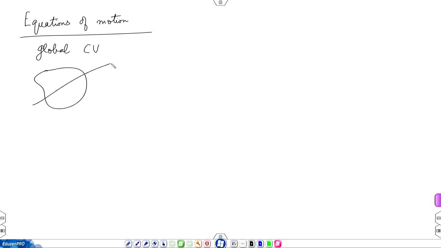This is how we have defined our control volume. It is a space containing the fluid medium. Suppose there is an object inside, then the control volume will exclude the object. So, you will have control surface 1, control surface 2 covering the object, and the space in between is the control volume.